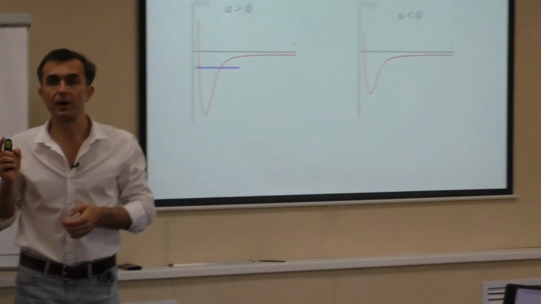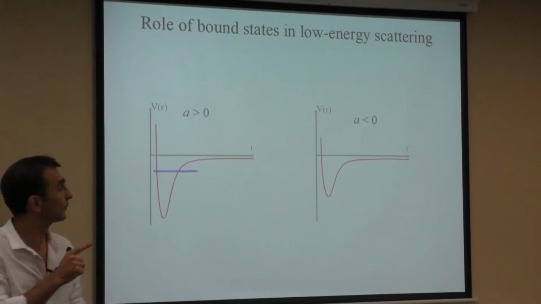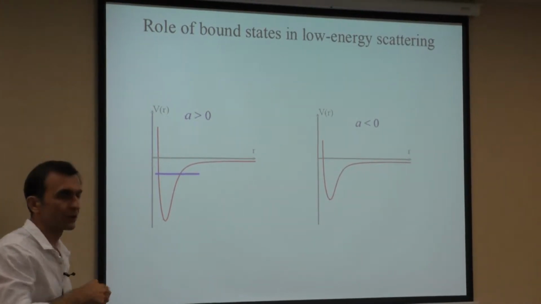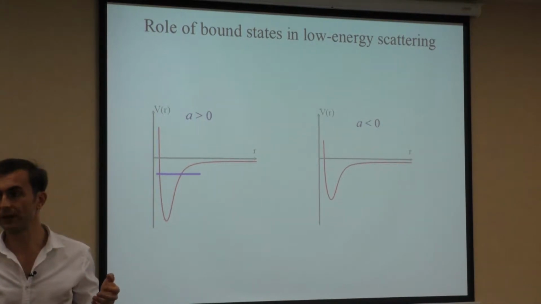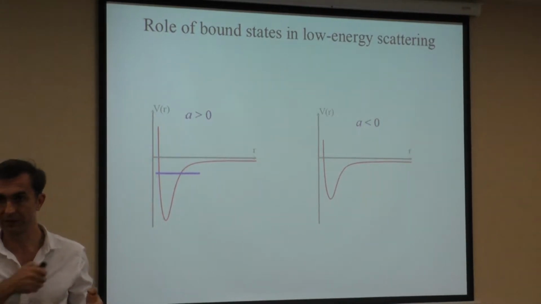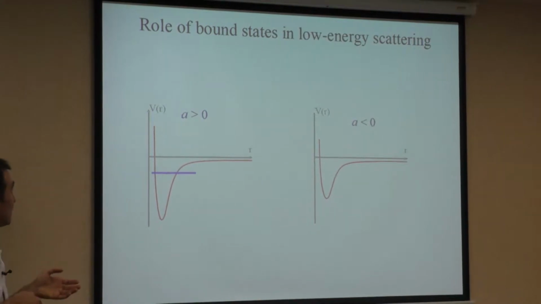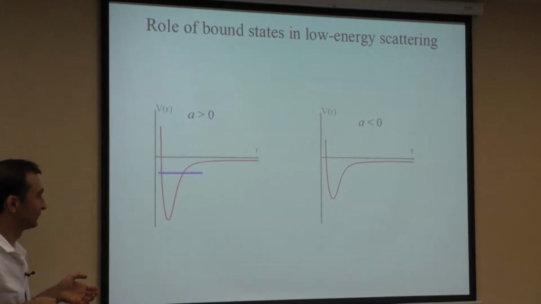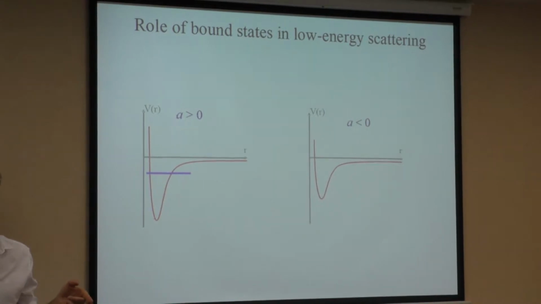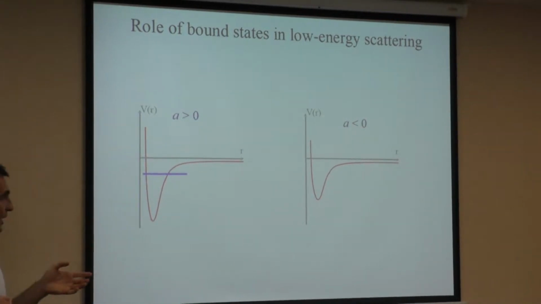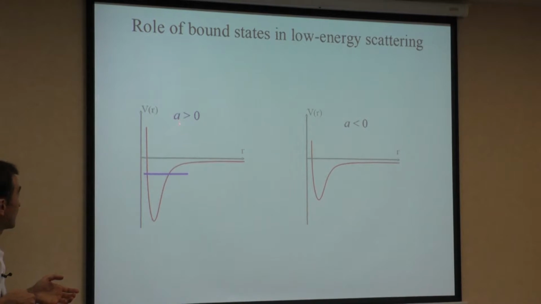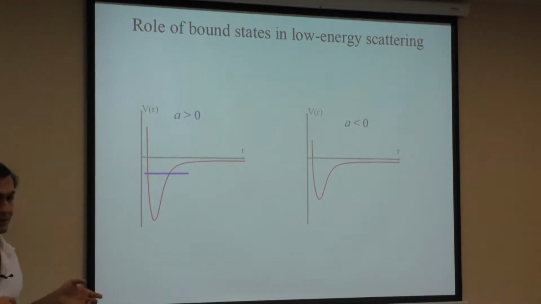So now the absolute value of the scattering length shows how big the cross section is, and the sign means whether the interaction is attractive or repulsive. By getting rid of the bound state, you can turn a repulsive interaction into attractive, despite this potential always being attractive.